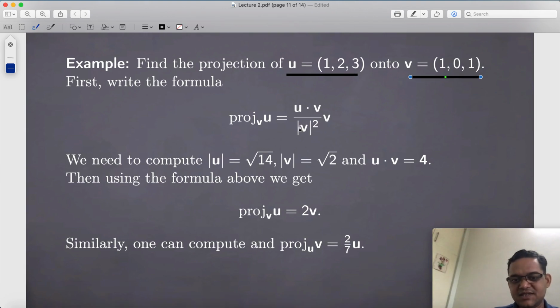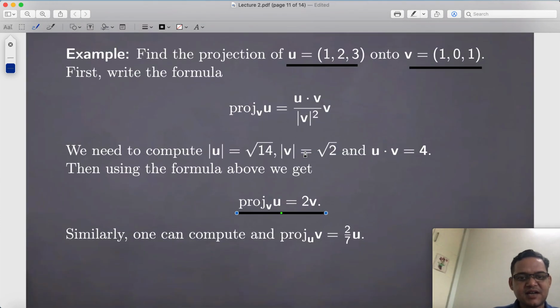Once you compute these three quantities, I have also computed mod u here because you can switch the order, and you know the projection of u onto b. If you want the other way around, the projection of b onto u is going to be 2/7 times u. So all we need to look at is the dot product here. The dot product tells us about the projection.